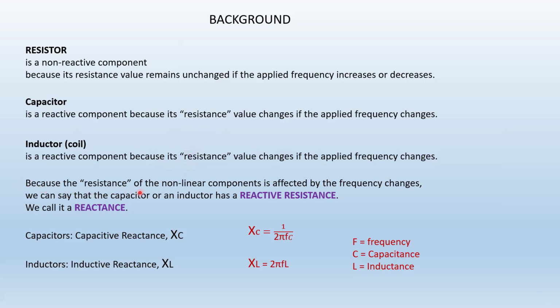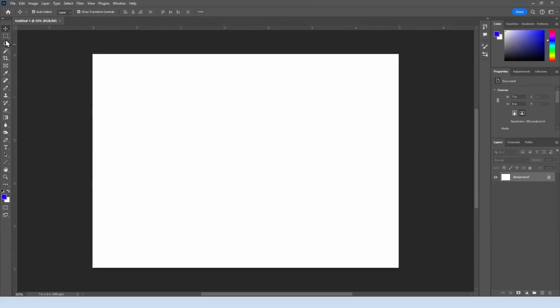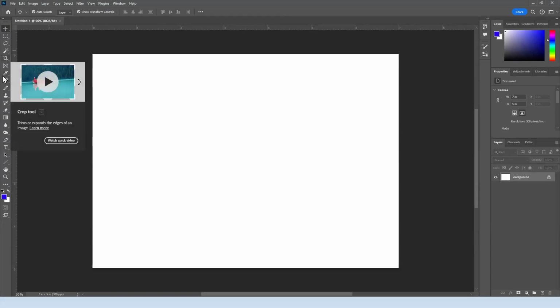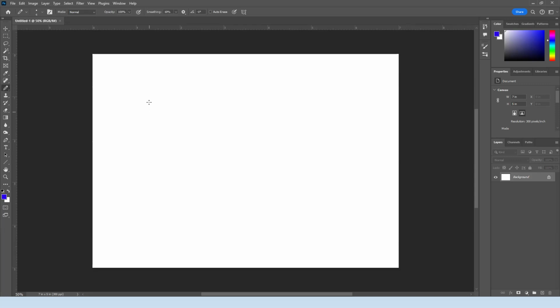Because the resistance is non-linear, and I know some people might want to give me a hard time about that non-linearity concept that I'm using here. Here's my board. Let's say here is the y-axis, here is the x-axis, right?